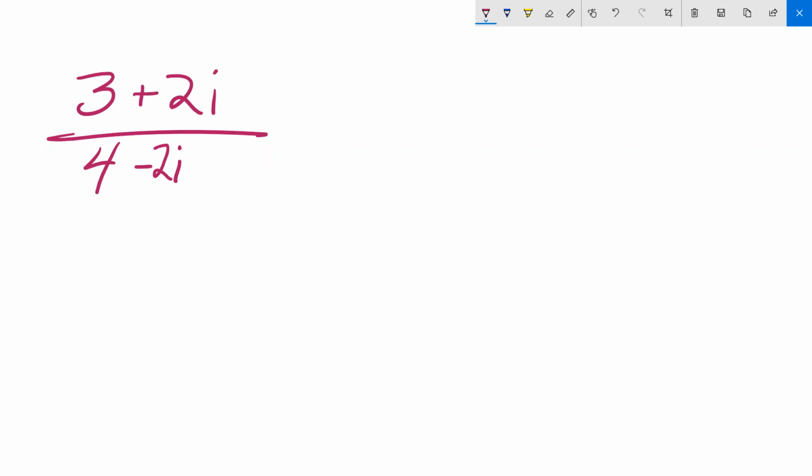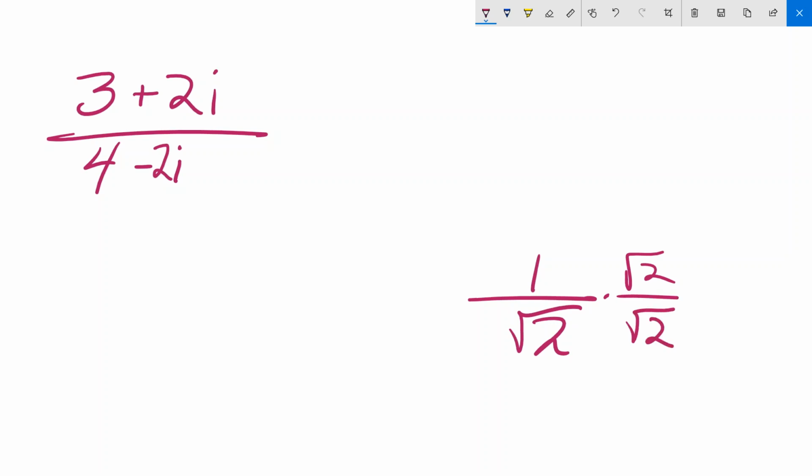Kind of like over here on the right. You see what I just wrote there, 1 over root 2? That is also not a division problem. The only thing I have to do to that is rationalize the denominator. And I do it by multiplying the entire fraction by the number 1. And in this case, the number 1 is root 2 over root 2.